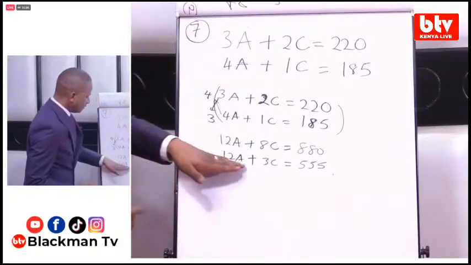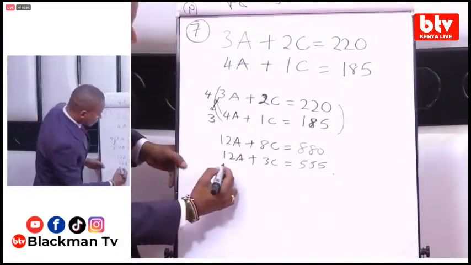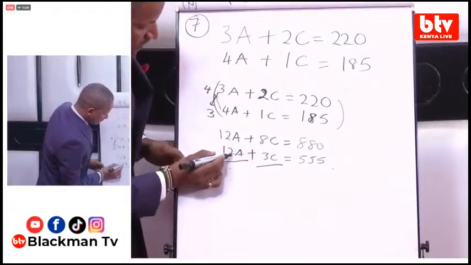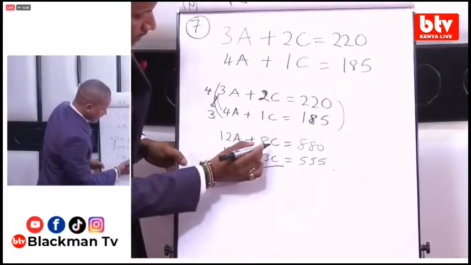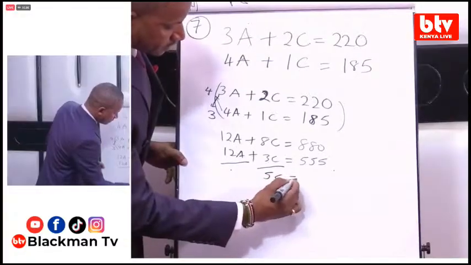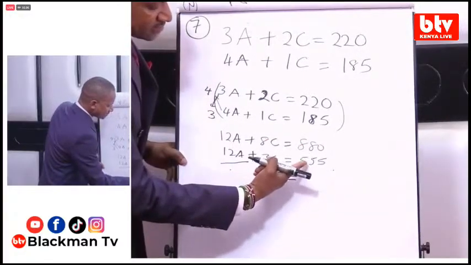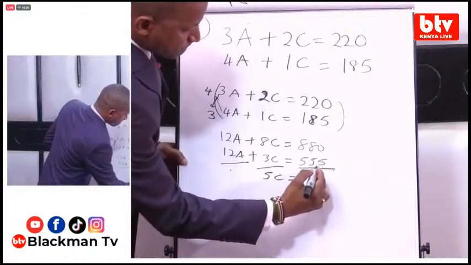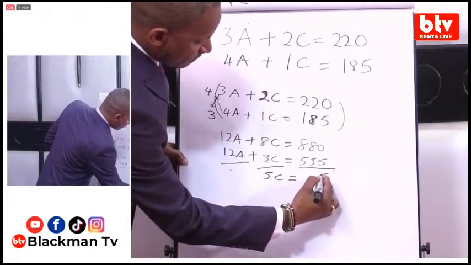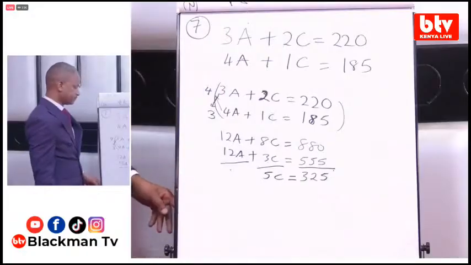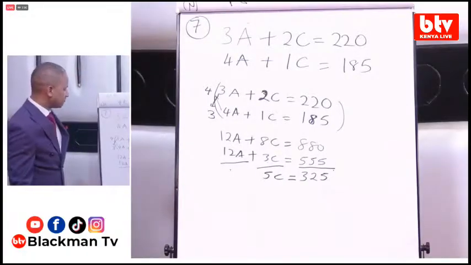Then what do we do here? We subtract. When you subtract, 12A minus 12A is 0. Then 8C minus 3C is 5C. Then 880 minus 555, what do you get? 325.